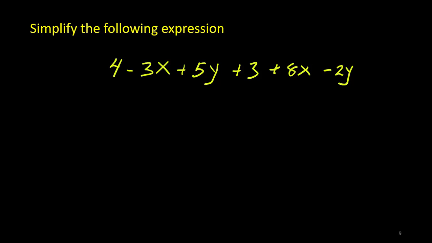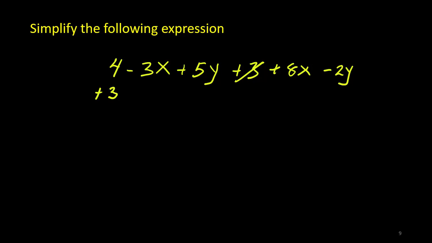Okay, welcome back. Once again, we're going to start at the left-hand side of the expression and work our way to the right. So this one starts off with a number term. So we can skip this x term, we can skip this y term until we get to the next number term. There it is, add 3. I'll just move him here, mark him out to remind myself that I've actually used that term.